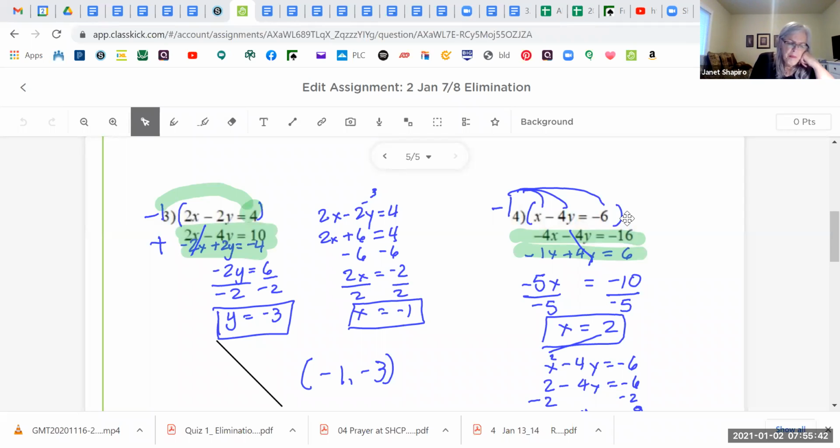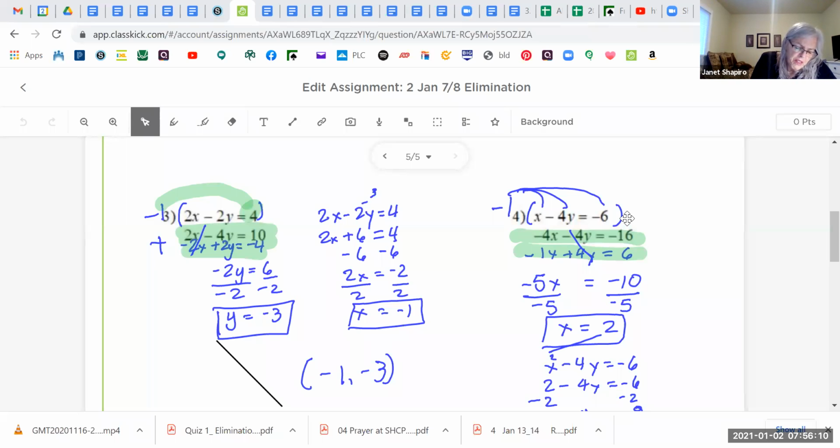All right. Looking at my next one, when I look down the columns, these aren't going to cancel, the y's aren't either. And it's not like the previous problem where they were both the same number, a positive 4x and a positive 4x. So I can't just multiply by -1. So here's what I have to look at.